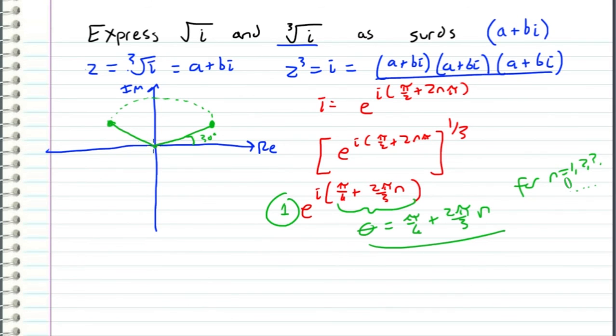I'm still a distance of 1 from the origin, but now I'm 30 degrees from this horizontal. If I plug in n equals 2, I go yet another 120 degrees, and I end up right here. If I continue raising n, we'll see that we just bounce between these 3 points. So this suggests that there are 3 roots to the cube root of i.